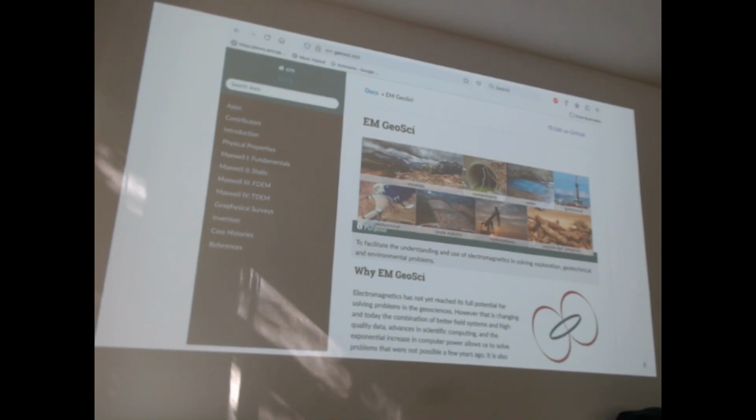This is targeted at a sort of Society of Exploration Geophysics, SEG level. It's less deep Earth and more resource and environmental exploration. You can see unexploded ordnance is one of the things that methods are sometimes used for.